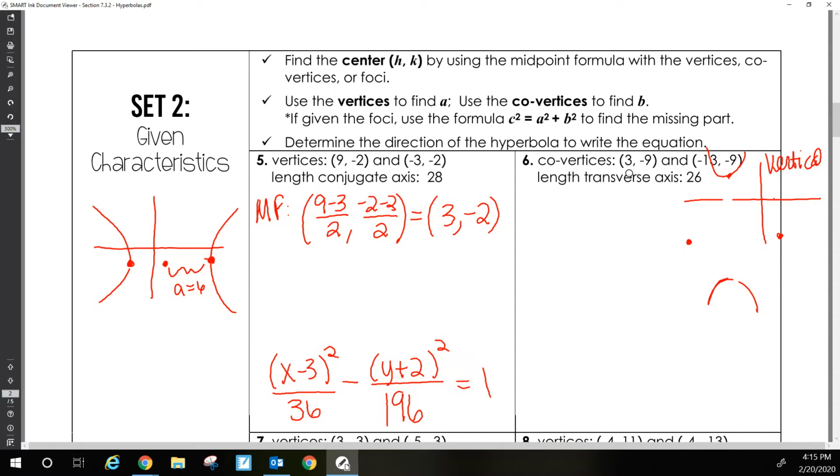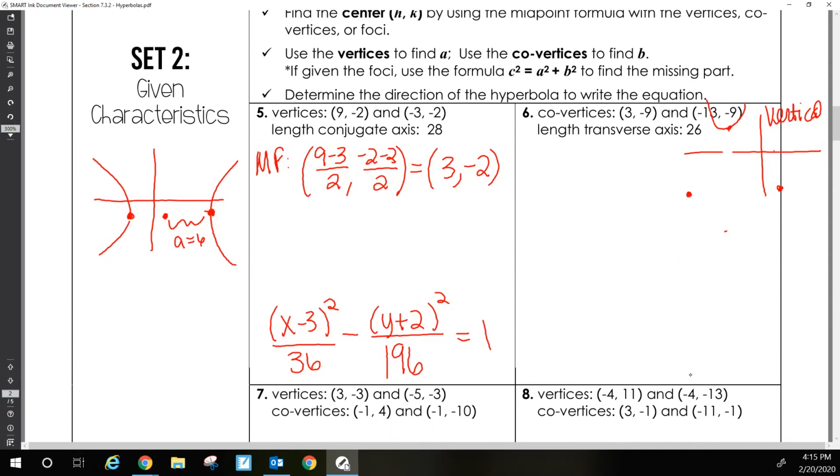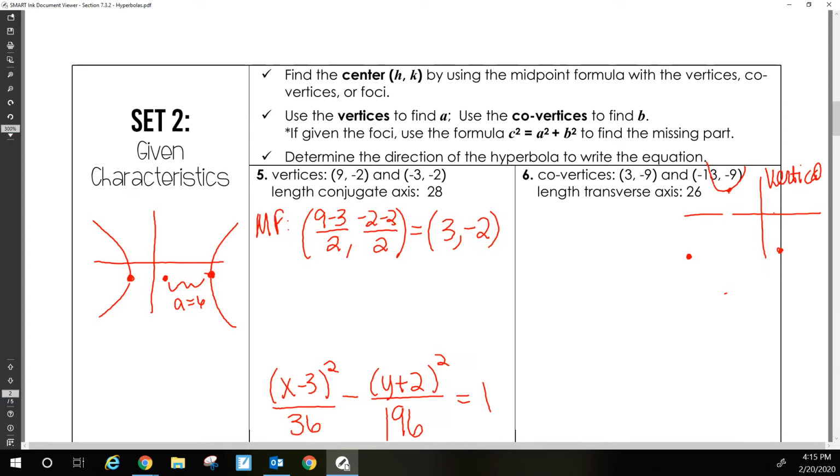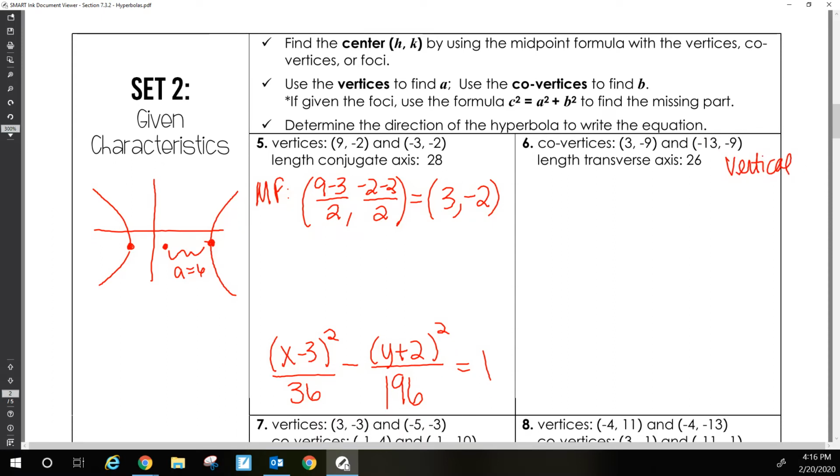Okay? So we're still going to find our center from the midpoint. So now we've discovered this is a vertical hyperbola. Why is that important? Because now we know it has a y squared minus x squared equal to 1. Now we're going to go find all the rest. So where's my center? Well, it's going to be halfway between those co-vertices.